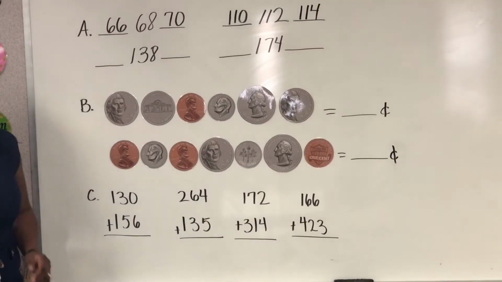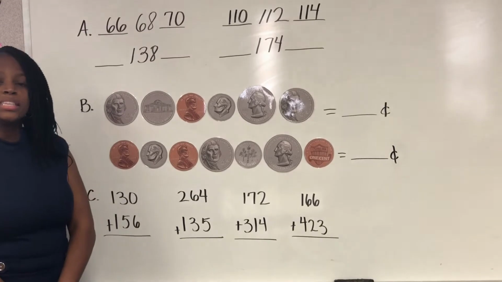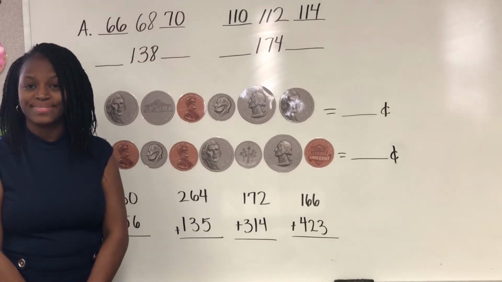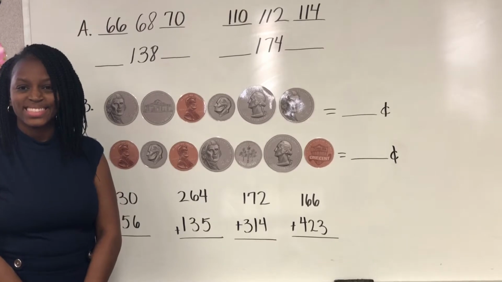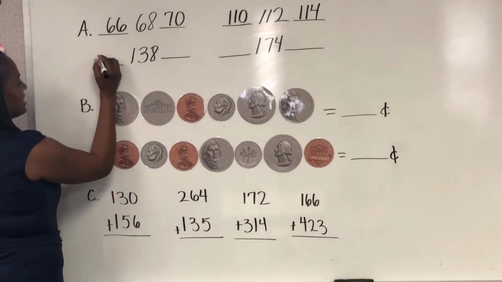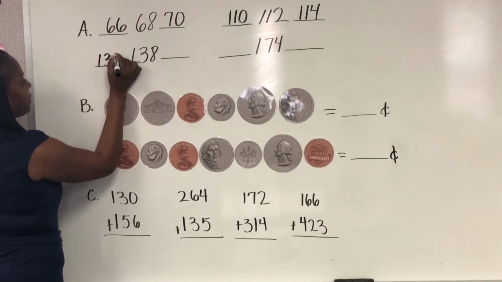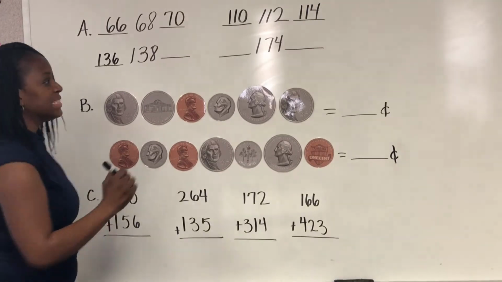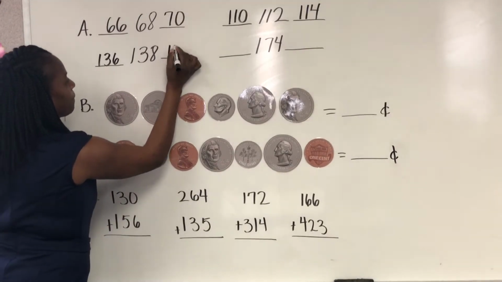Let's take a look at 138. What's the before and after number by twos? 136 is the before number. And 140 is the after number.